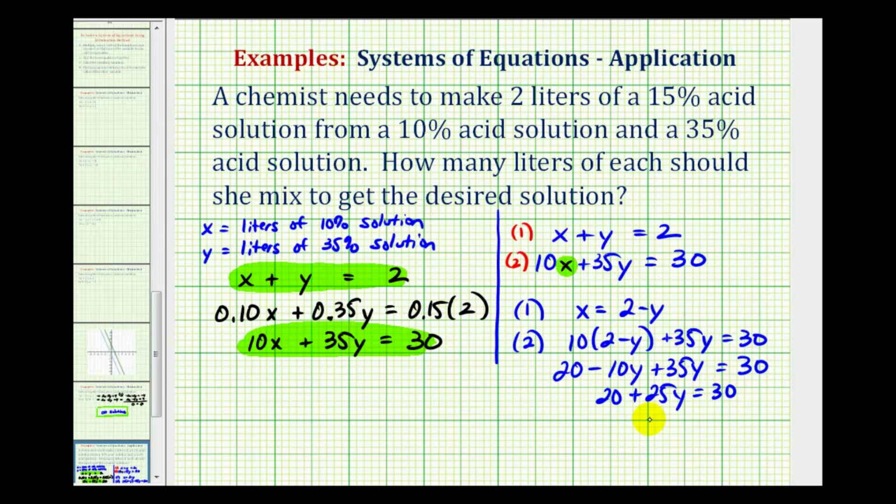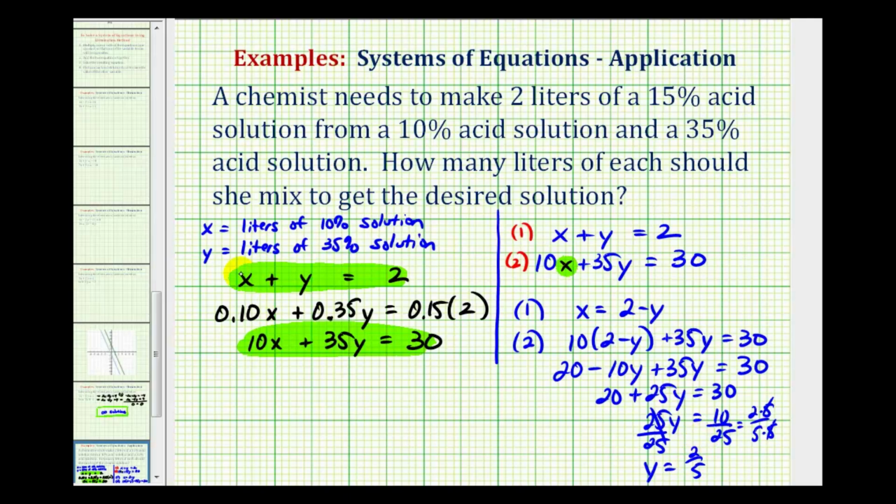Subtract 20 on both sides would give us 25y equals 10. Divide both sides by 25. And we have y equals 10 25ths, which does simplify. There's a common factor of 5 here. So we have y equals 2/5.